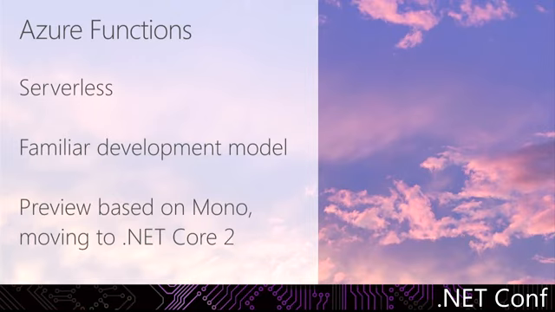The preview support is based on the mono runtime, but we are currently adding support for the new .NET Core 2 based Azure Functions, and we will be switching over to that soon, as that's much more tuned for server environments and so on. So these functions automatically scale up and down across multiple servers, so you don't actually have to care about the details of the servers.